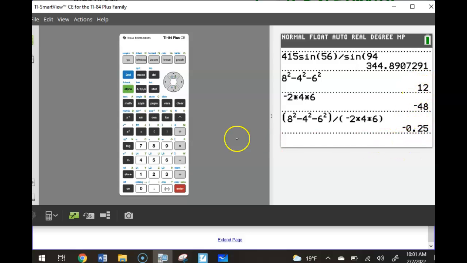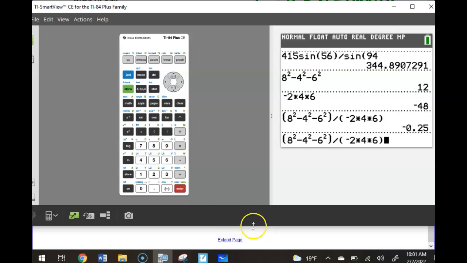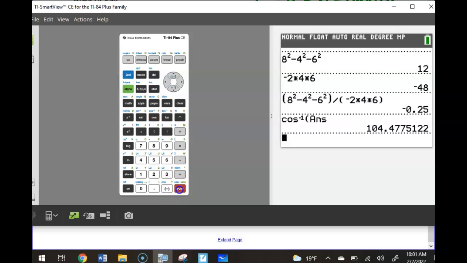But that's the cosine. So to finish, we need to do inverse cosine of, whoa, sorry, I typed the wrong thing. You could do inverse cosine of negative 0.25 or inverse cosine of 12 divided by negative 48, depending how you showed your work along the way.